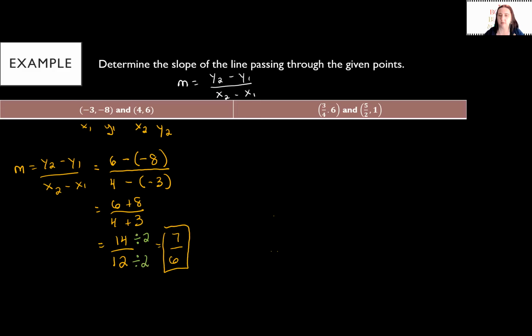So this is a measure of the steepness. It's 7 over 6. So 0 is flat. 7 over 6 is like 1 and a 6th. So I think it's like 1.18 something. I don't have my decimal equivalents memorized, but it's a little bit over 1.